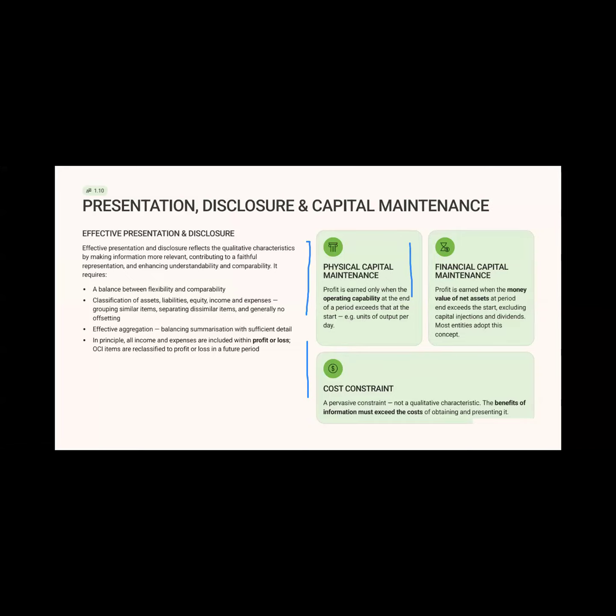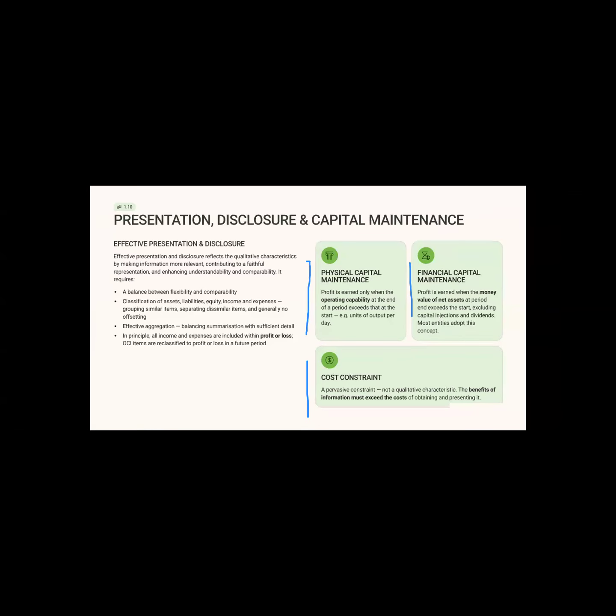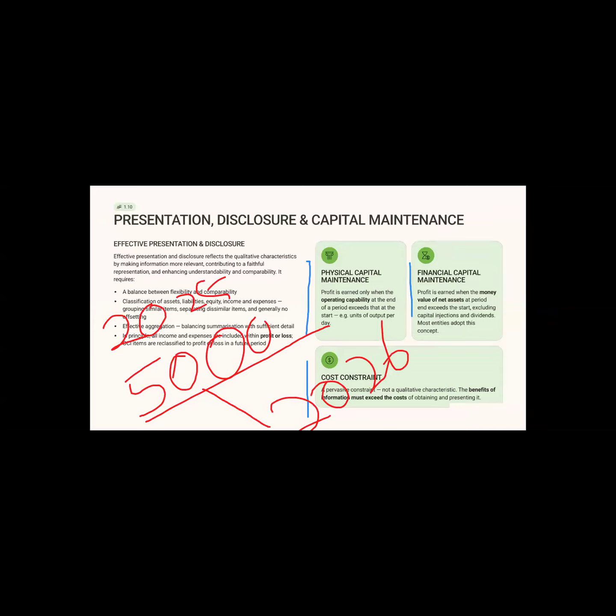That means, let's say in your company at the beginning you have produced 5,000 units, right? We have produced 5,000 units at the beginning of the year, 2025. Then let's say by the end of 2026 you have produced only 5,000 units. There is no change in the amount produced. That means you didn't increase your operating capability.